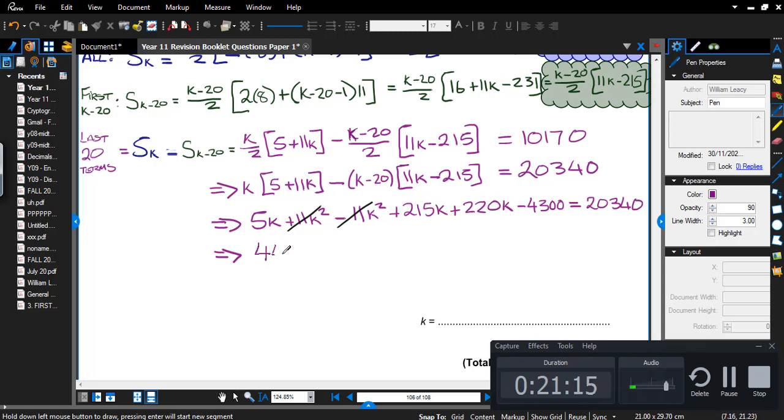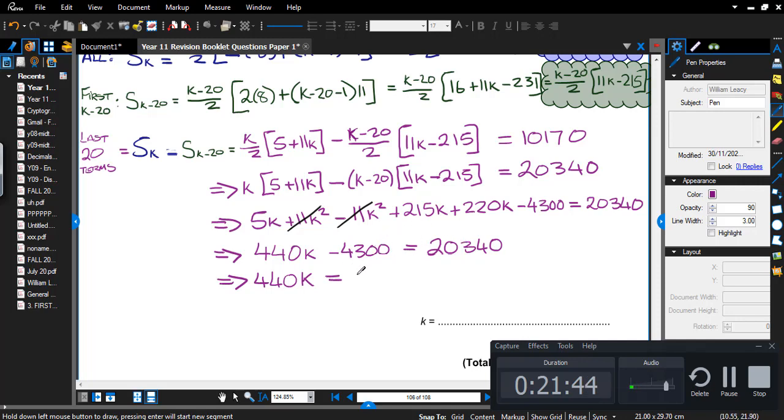So that implies 440k. So k is the number of values in the series. And then we have minus 4,300 equals 20340. So that implies 440k equals this plus this.